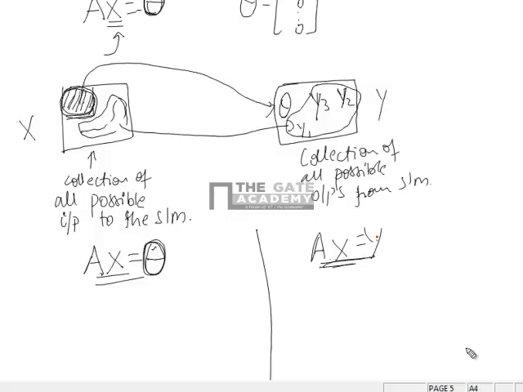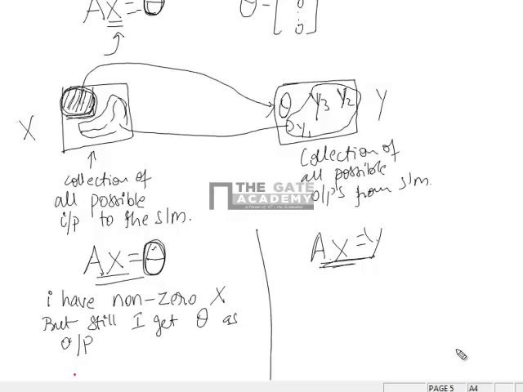So these are the 2 points in front of us which we need to analyze. So what does Ax equal to 0 mean? That is, I have non-zero, this is very important, non-zero x, but still I get 0 as output.